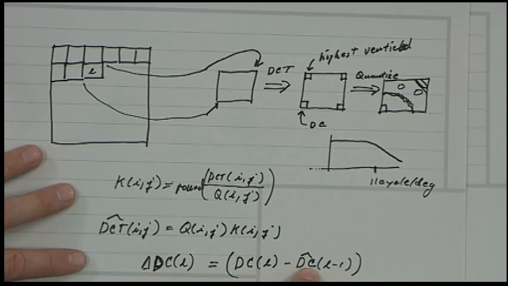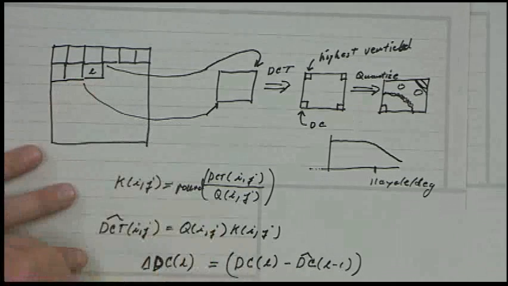So you use the decoded version of the previous DC coefficient and subtract that off. The reason is that the DC values of nearby blocks tend to be similar.